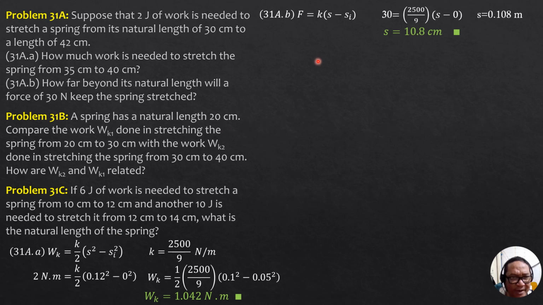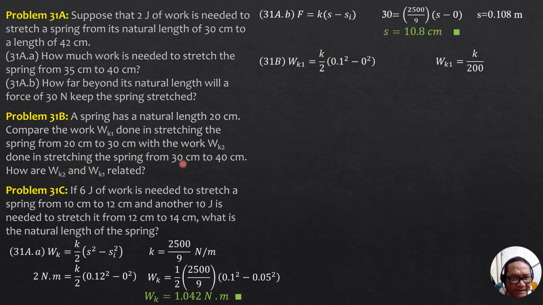So work 1 is equal to, since the natural length is 20, S is 0.1, 30 minus 20, 10 cm or 0.1, SI is 0. So it is 1/2 of K quantity 0.1 square minus 0 square, and that is work 1 is K over 200. Work 2 is K over 2 quantity.